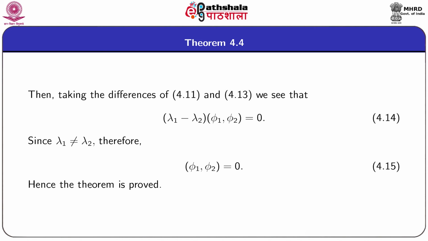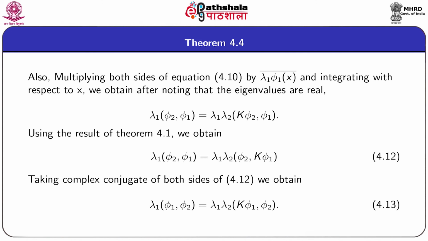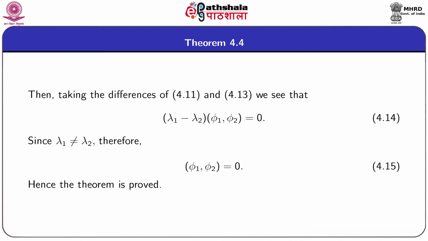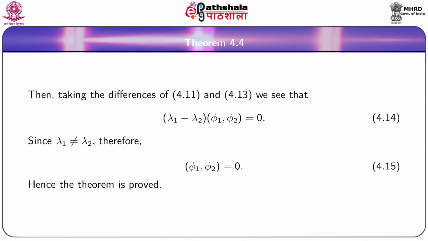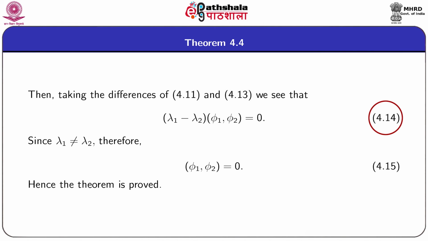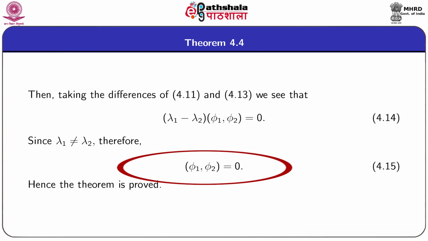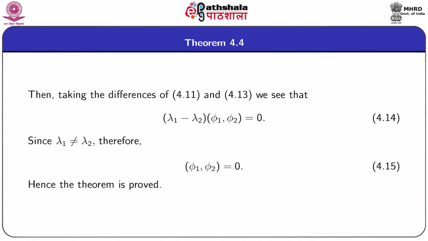Now, we take the difference of equations 4.11 and 4.13, so that we get lambda 1 minus lambda 2 into the inner product of phi 1 and phi 2 equal to 0, which is given by equation 4.14. Now, we have assumed that lambda 1 is not equal to lambda 2. So, we get the inner product of phi 1 and phi 2 equal to 0. This shows that if the eigenvalues are not equal, then the corresponding eigenfunctions are orthogonal. Hence, the theorem is proved.